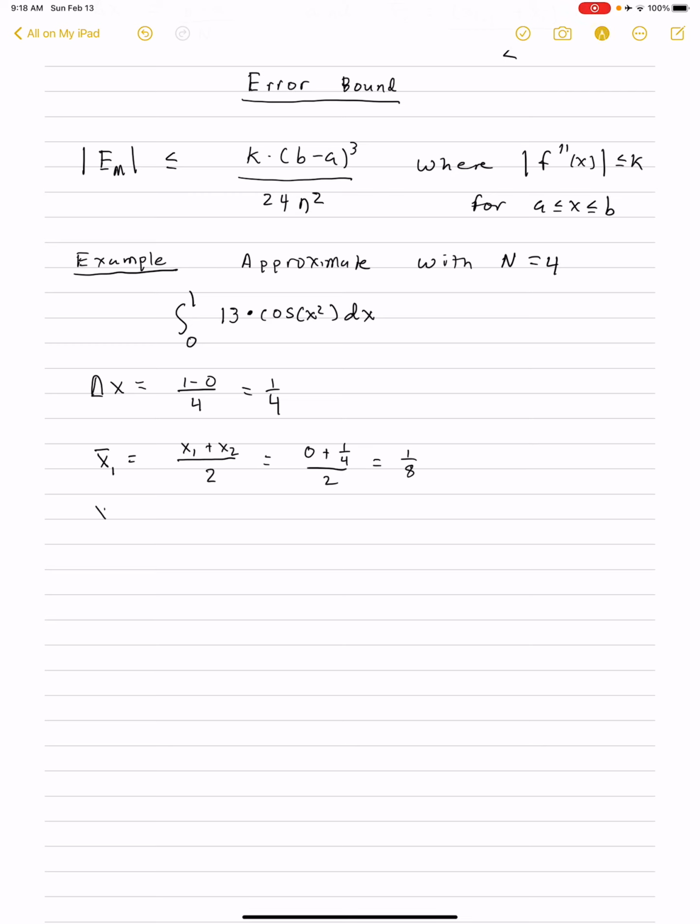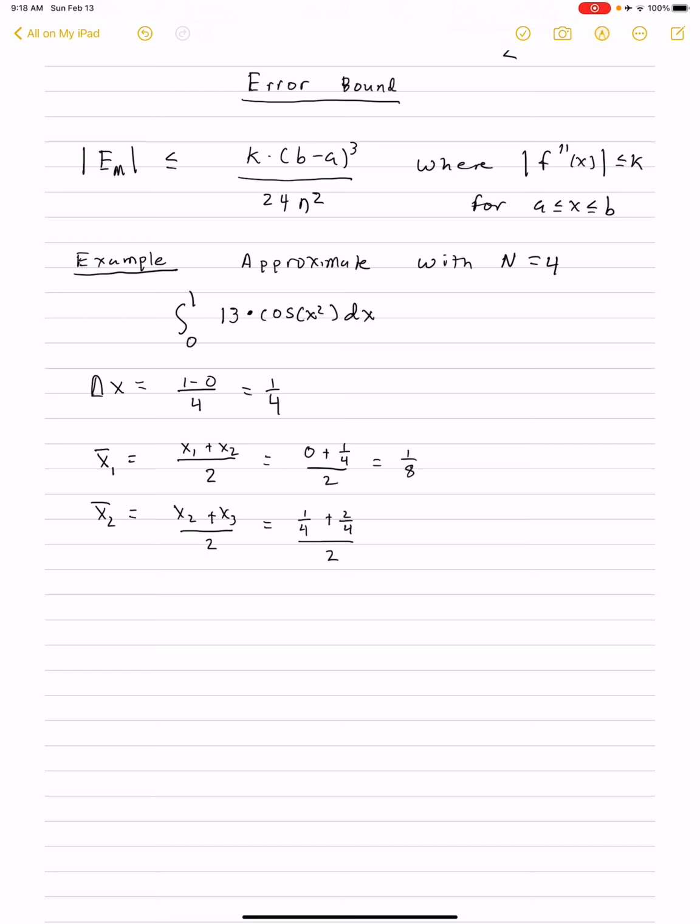x sub 2 bar is going to be the average of x sub 2 plus x sub 3 divided by 2. Well, that's going to be 1/4, the value of x sub 2, plus 2/4 divided by 2.